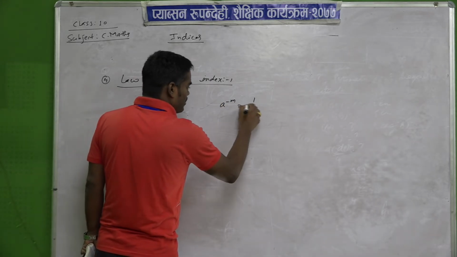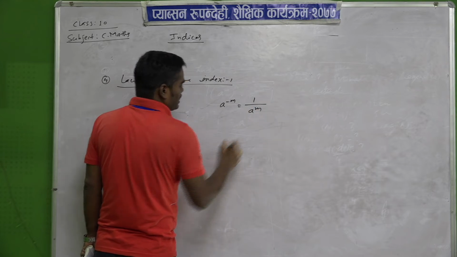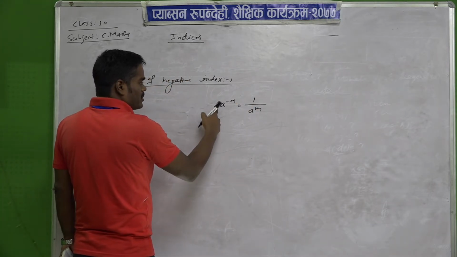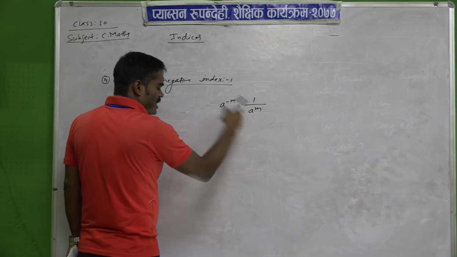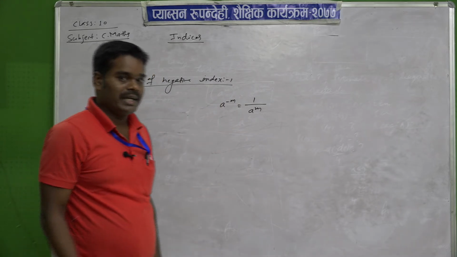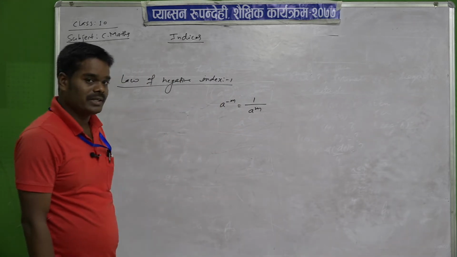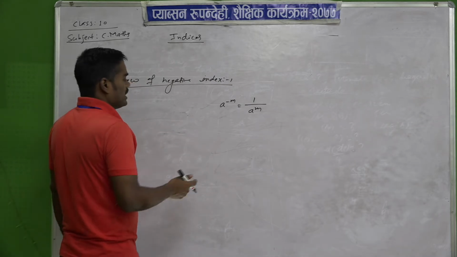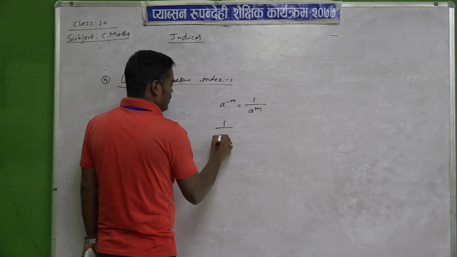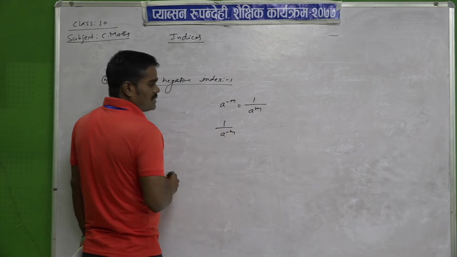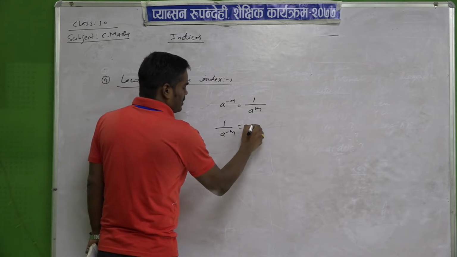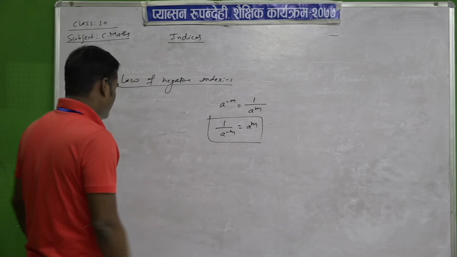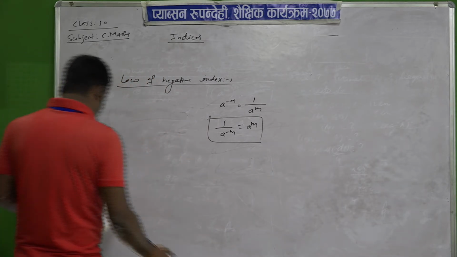To make it positive we write it as 1 upon a power m, transposing it to the denominator. If negative is there in the denominator, to make it positive we transpose it to the numerator. So, it becomes a power plus m. This is the negative law of index.